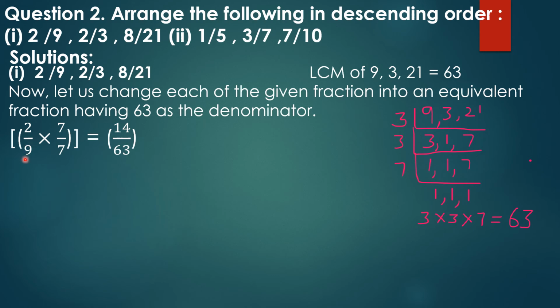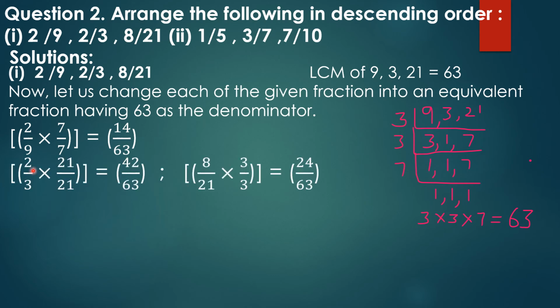The first one is 2 by 9, and here the denominator is 9 and it should be 63, meaning the denominator should be multiplied by 7. When we are multiplying the denominator, multiply the numerator also by the same number. Therefore, 2 by 9 is written as 2 by 9 into 7 by 7, which is equal to, what is 2 sevens? It is 14, and 9 sevens are 63.